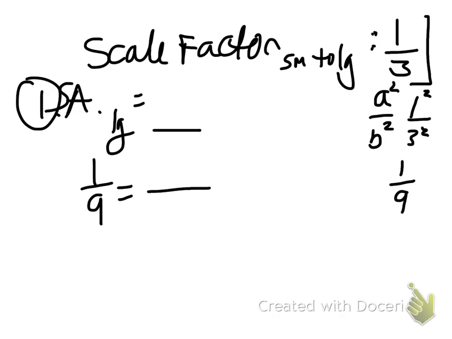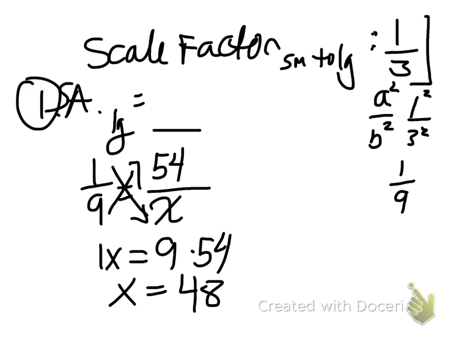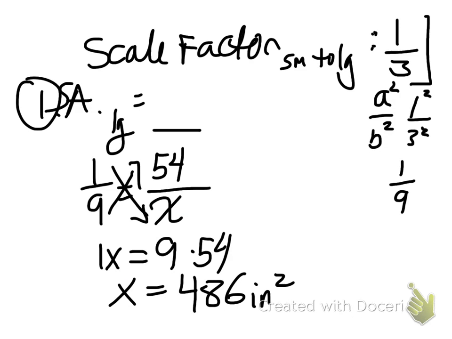So we'll plug in small to large, so 54 over our unknown large surface area. So we're going to cross multiply. So 1 times x, so that's 1x, equals 9 times 54. So x equals 486. And that's inches squared, because remember, look back at our initial problem, it is in terms of inches, and area is always squared. So surface area of the large box is 486 inches squared.